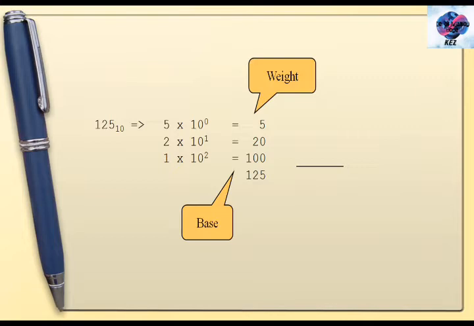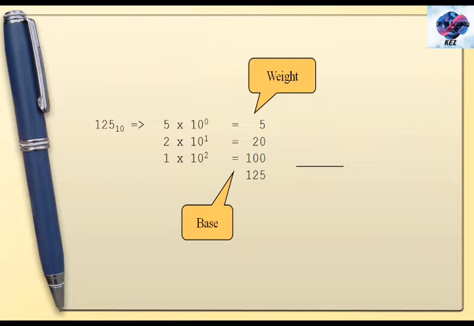Here the base of decimal is 10. So it is 10 to the power. In the ones position, the value is 5, so 5 multiplied by 10 to the power 0. From 0 the counting starts. Then 2 is in the tens position, 10 to the power 1. The third position, the hundreds position, has 1, so 1 is multiplied by 10 squared.